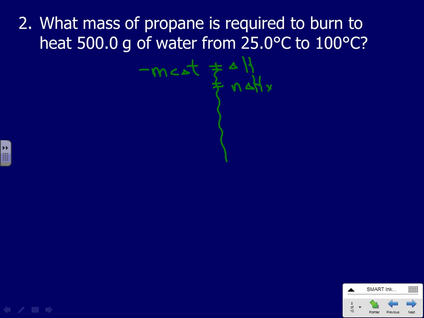I'll tell you what the formula for propane is. It is C3H8. Now, you need this delta HX. I've taught you how you can use an entire reaction, all right?